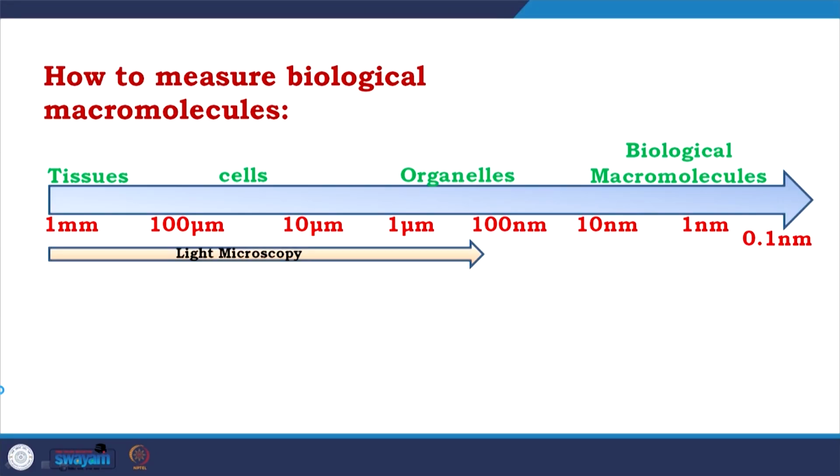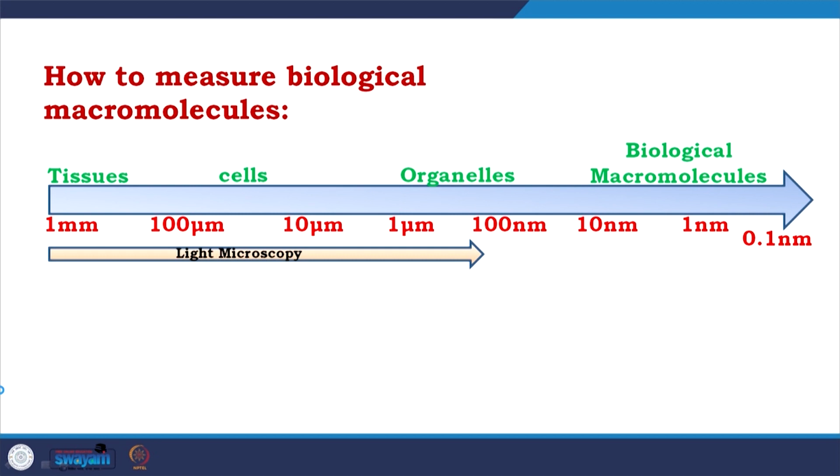So, we will discuss about the instrumentation, but let us take a look when starting from an organism coming to organ, tissues, cell, organelles. You will see that the tissues are ranging within 1 millimeter to 100 micrometer. The cells which we are talking continuously are ranging from around 100 micrometer to 10 micrometer.